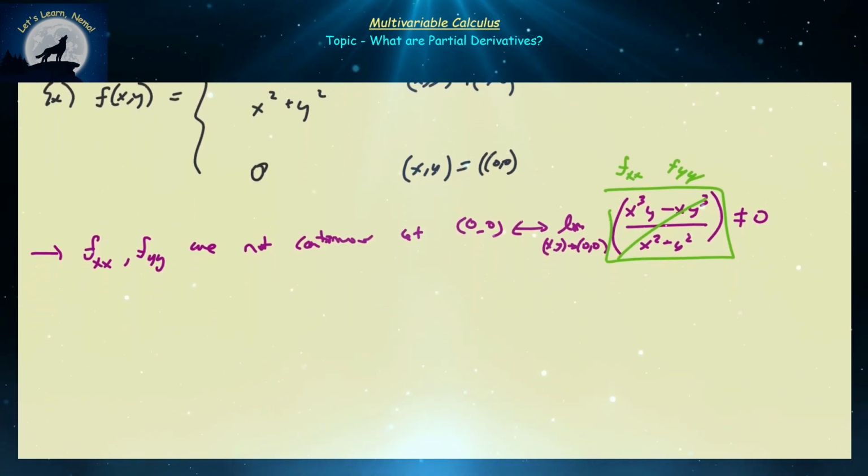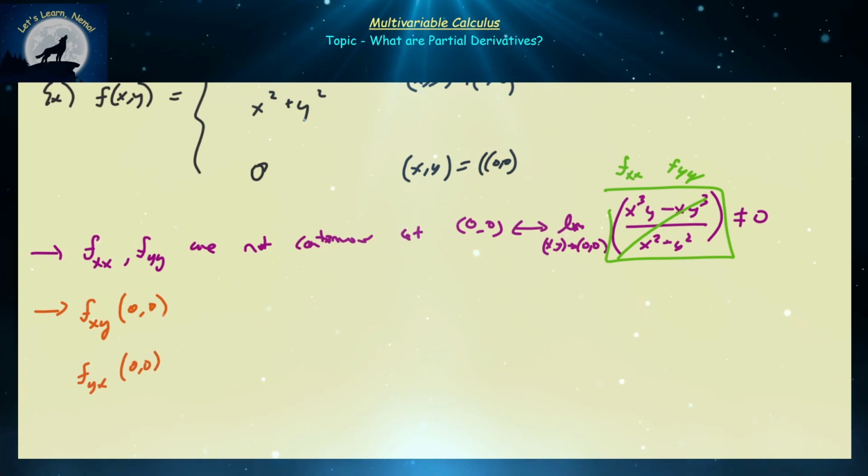So if that's the case, that means Clairaut's theorem does not guarantee the equality of mixed partials. In particular, what we actually come up with when we look at fxy at 0, 0 and fyx at 0, 0. Now keep in mind, Clairaut's is not a necessary and sufficient condition, but if we have this particular case, then fxy at 0, 0 actually comes out to be 1, and fyx actually comes out to be minus 1.